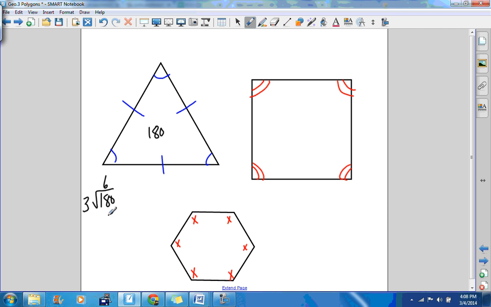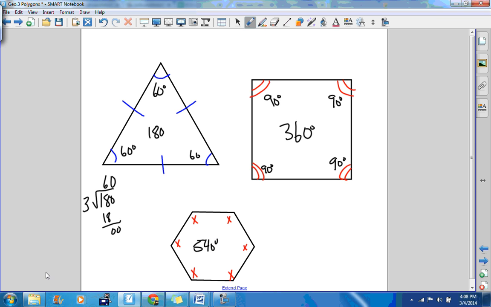So this is 60 degrees for each angle. This, by definition, is a quadrilateral, which adds up to 360 degrees. So each of the angles has to be 90 degrees.